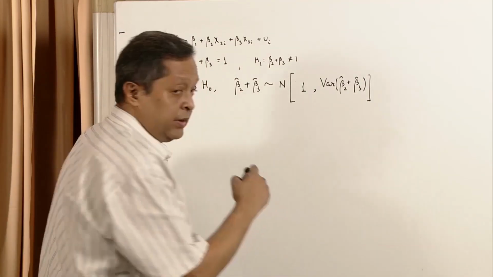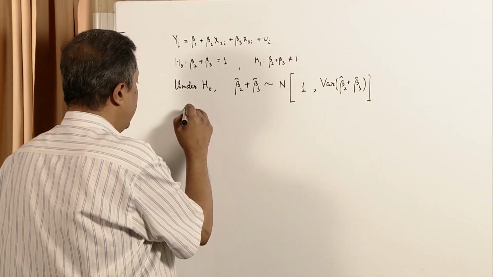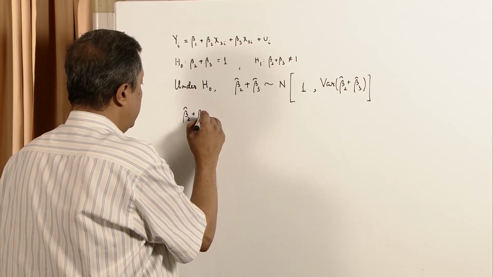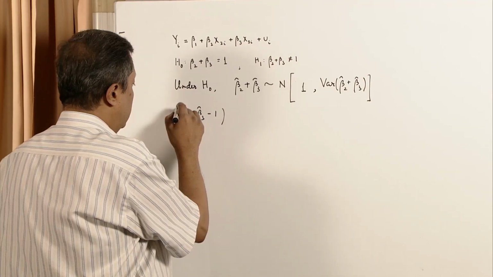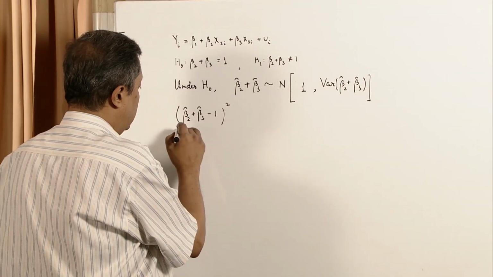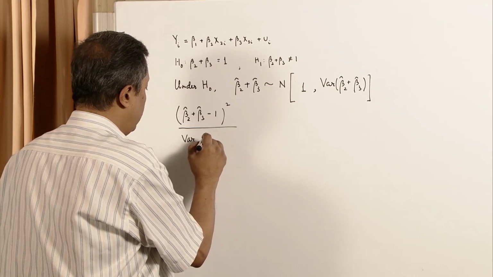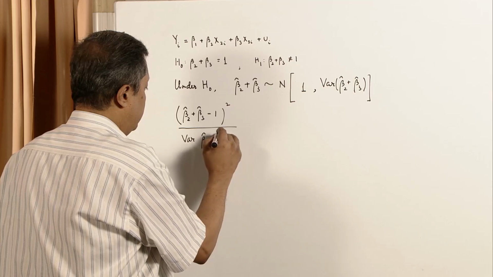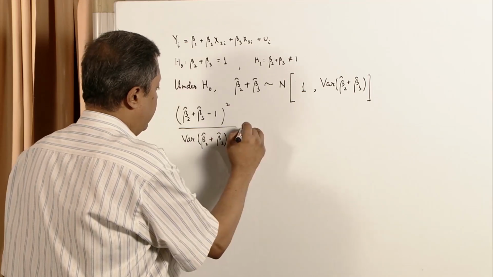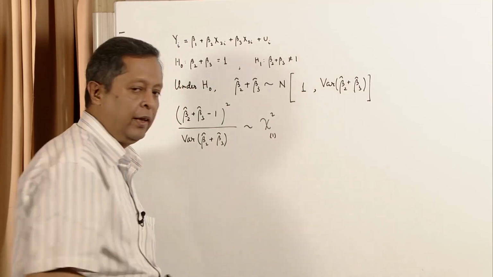So, from this step we note that beta 2 hat plus beta 3 hat minus 1, the square of that, divided by variance of beta 2 hat plus beta 3 hat will follow a chi-square with 1 degree of freedom.